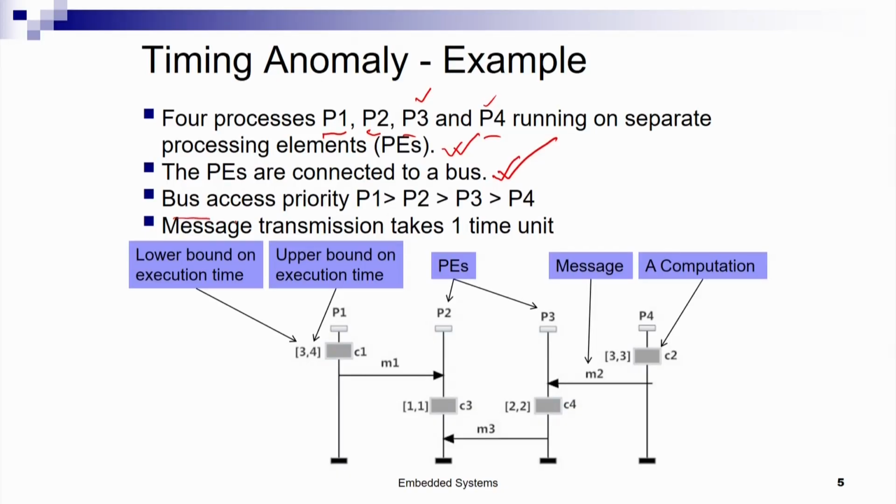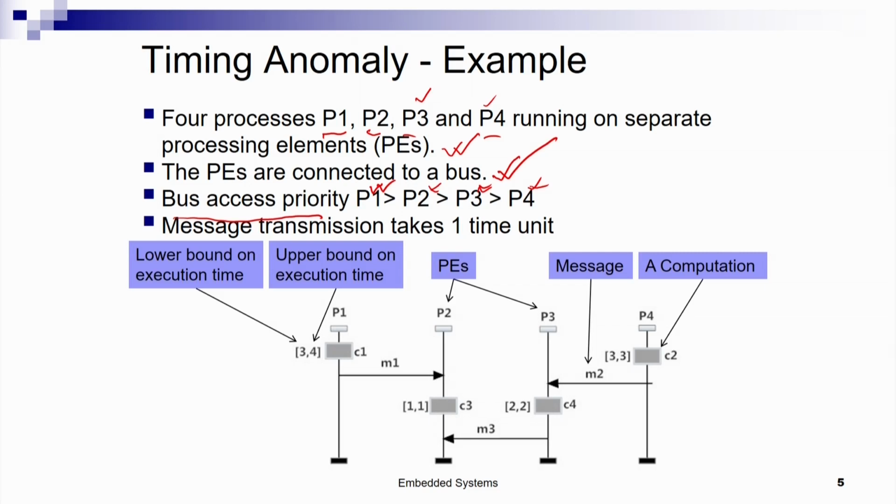How do you decide which message will be sent? It will be decided through a simple bus access priority, where the priority of processing element P1 is highest, followed by P2, followed by P3, and followed by P4. So, P4 has the least priority to get the bus, and P1 has the highest.